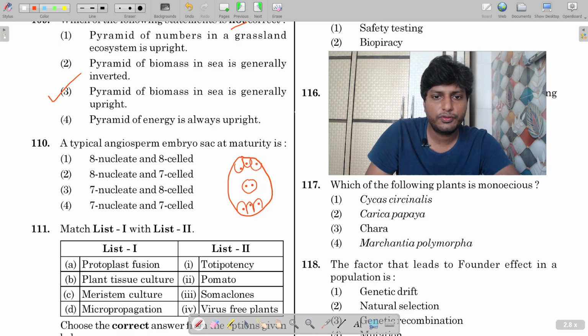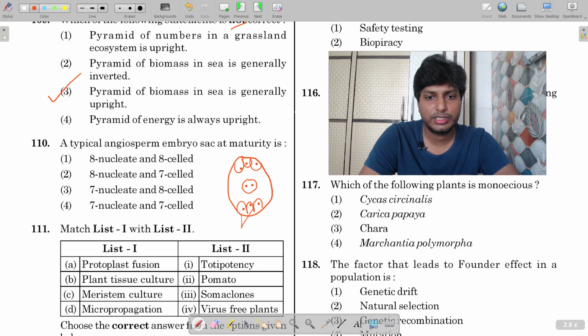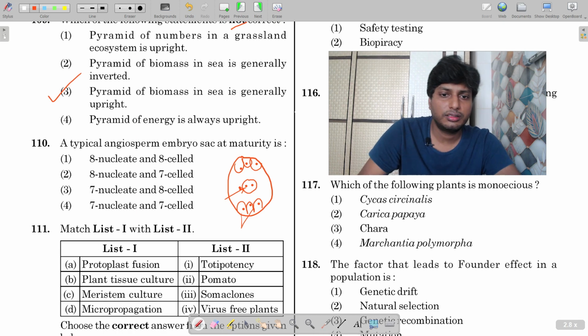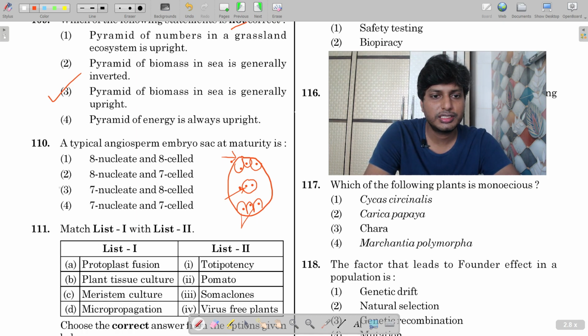So totally, guys, these are the 3 cells present near the micropylar end, and these form the egg apparatus, wherein the 2 are synergids and the central one is the egg cell. Then there is a central cell over here, which contains the 2 polar nuclei, and the other 3 cells are the antipodal cells, which later on degenerate, dear students. So the right answer over here is basically the 7-celled 8 nucleate structure. So the second option is the right option.